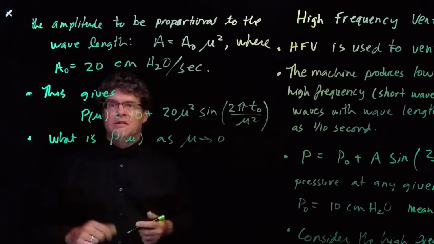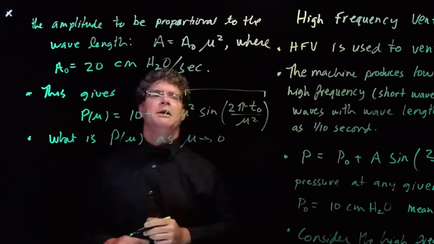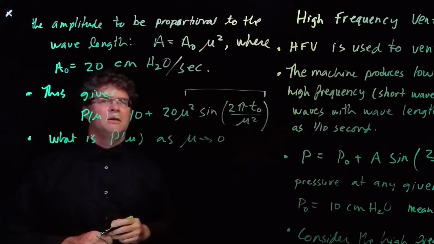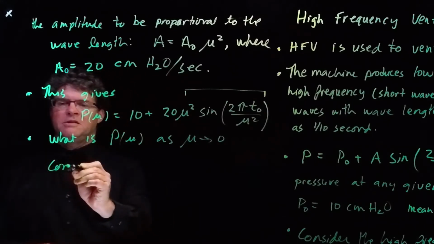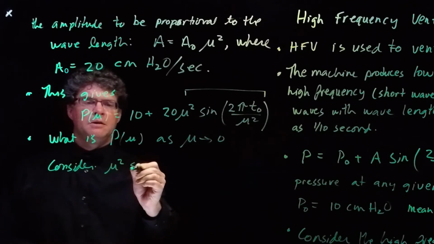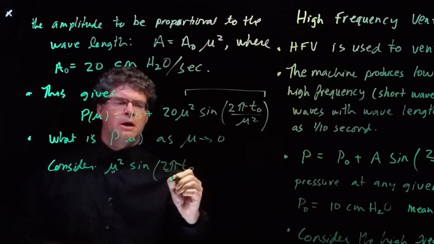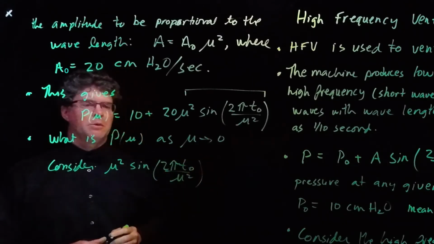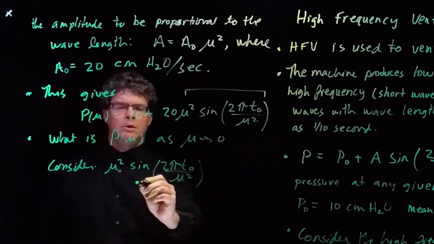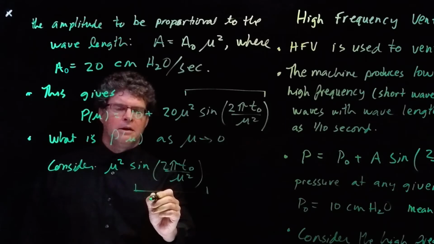And let's just consider this part right here to start. Okay? So consider mu squared sine 2 pi t naught over mu squared. And we know that a sine function has to lie between -1 and 1.